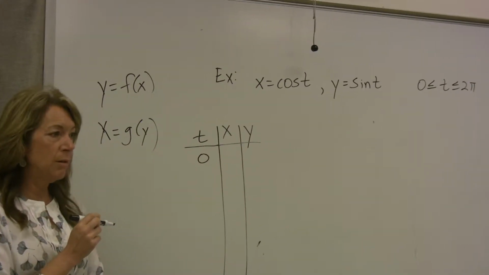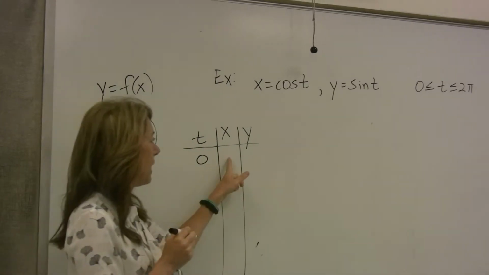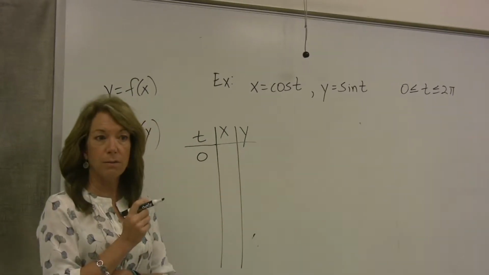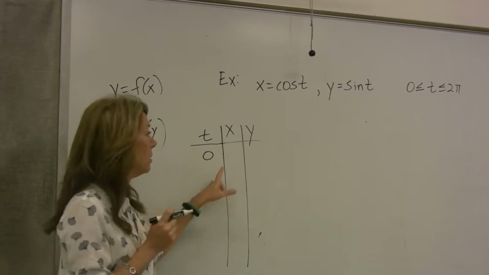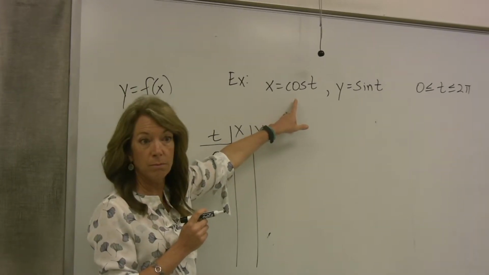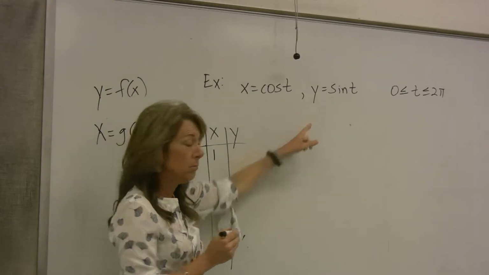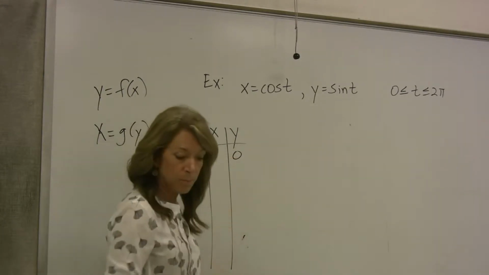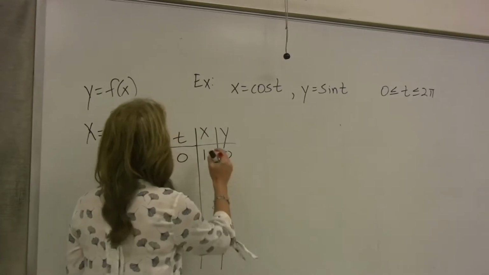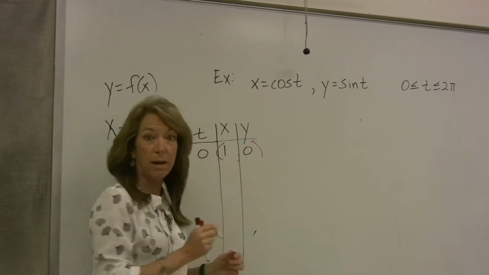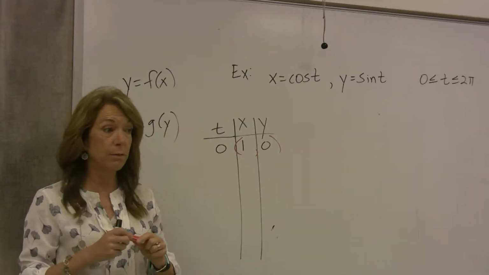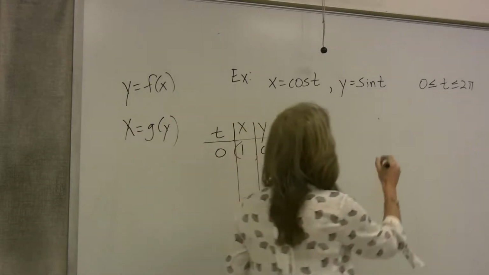When t equals 0, I want to know what x and y go with that value of t. So cosine of 0 is 1, and sine of 0 is 0. So these ones right here, that's an xy pair. 1, 0 is a point on my curve.